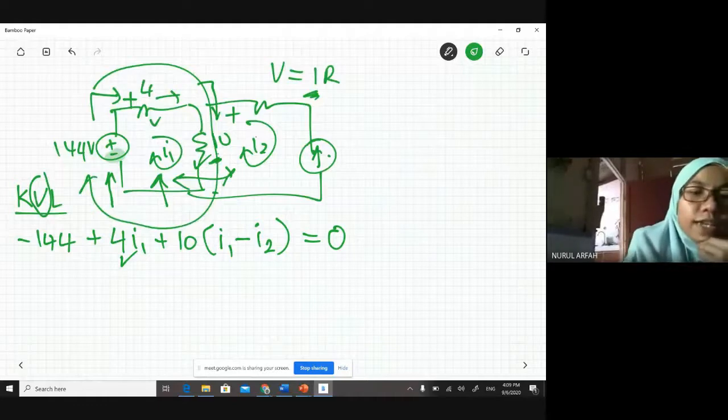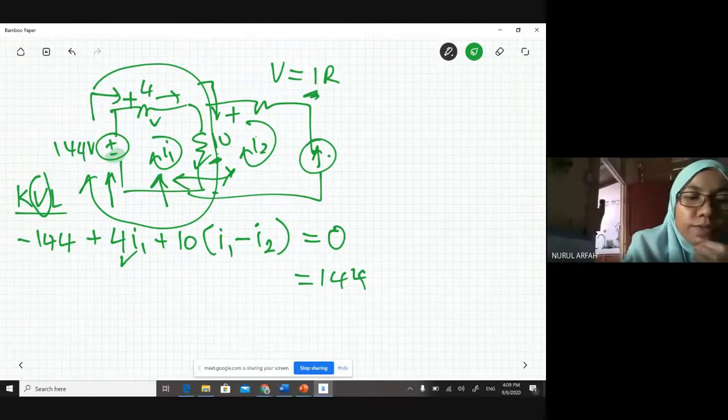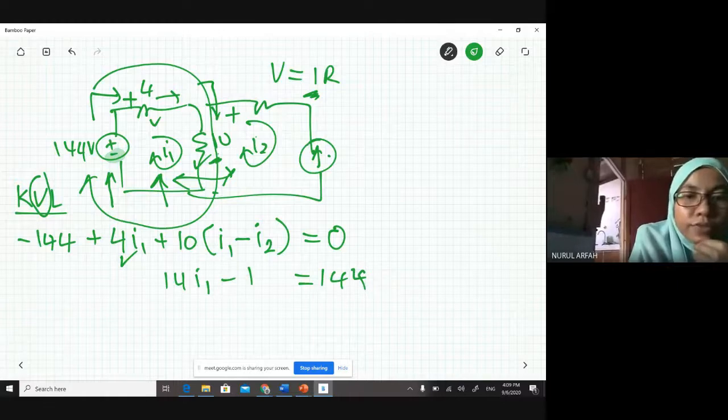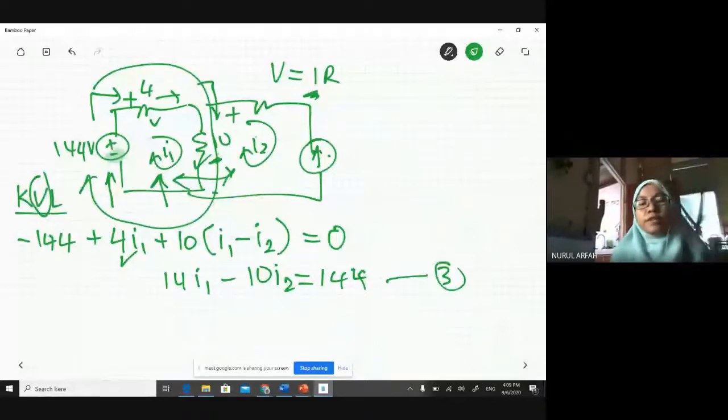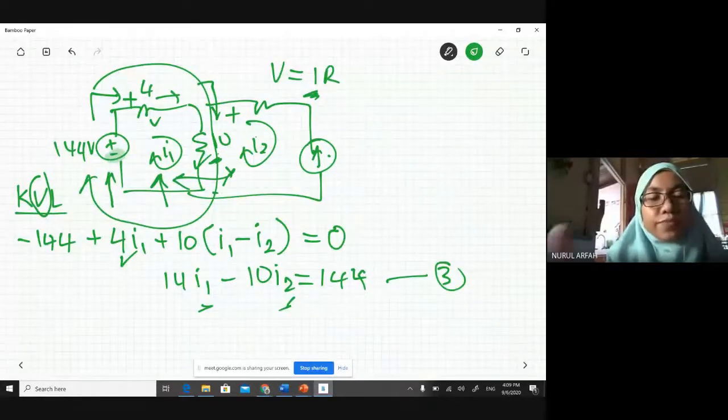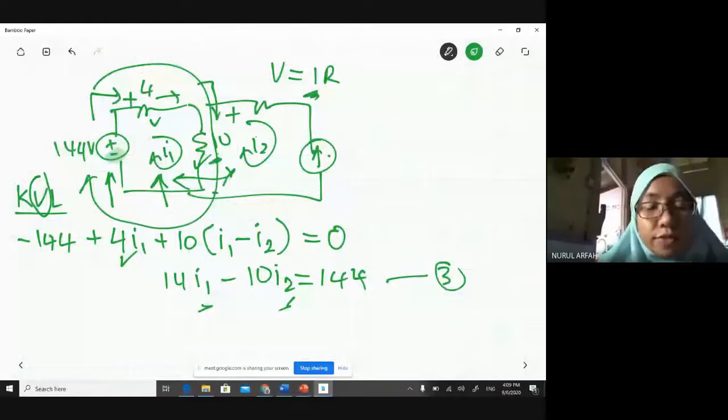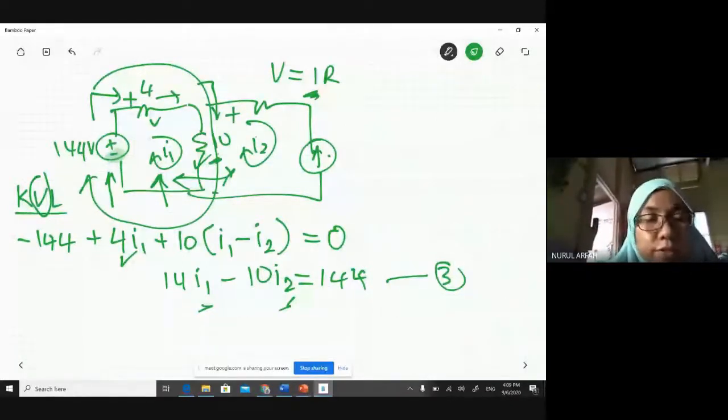Okay. Then our equation will be 144 equal to 14 I1 minus 10 I2. Then this is your third equation. So I think by here you have already revised the super mesh. Do you have any questions?